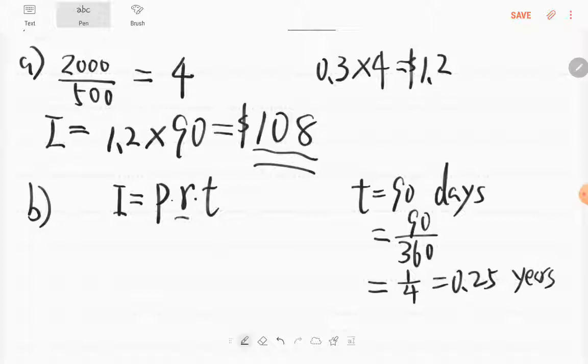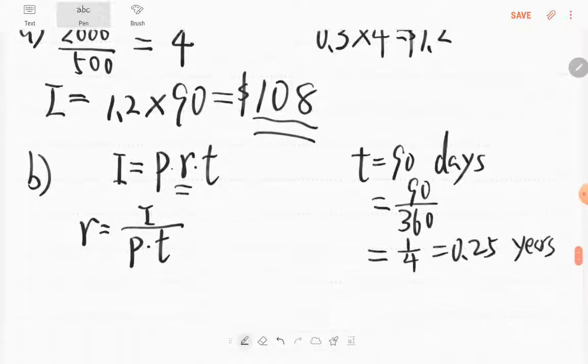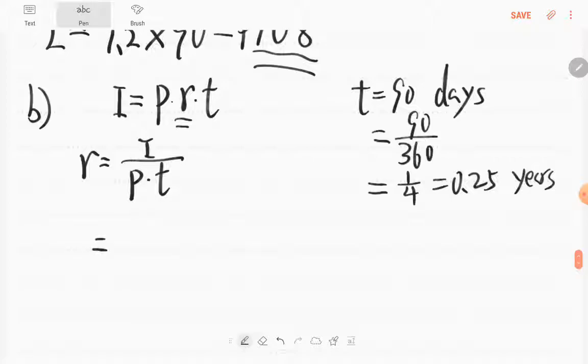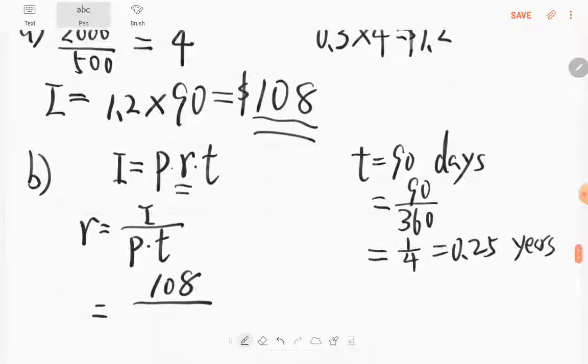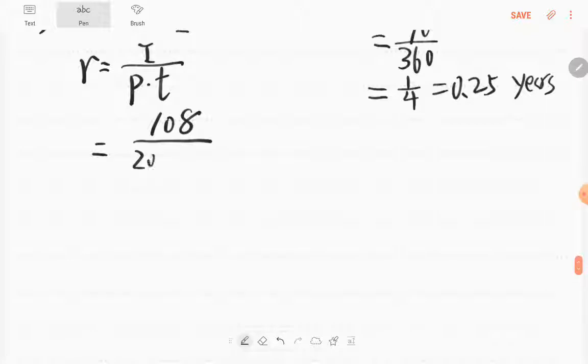So we want to calculate this R. R is equal to I divided by P times T, right? So we plug in everything. I is $108 and P is 2,000 times T is 0.25. We take the multiplication in the denominator first.